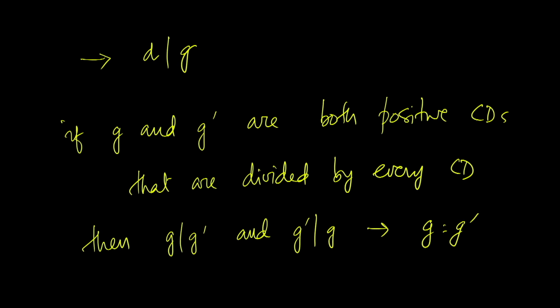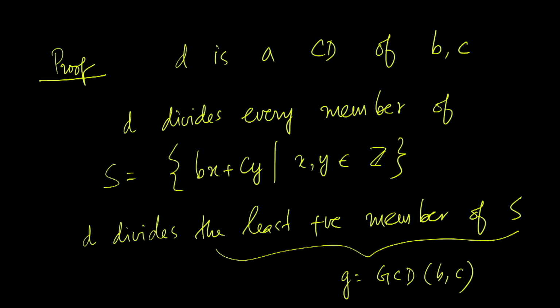In other words, G is the only common divisor with this property. The only common divisor of b and c which is divided by every common divisor of b and c is the GCD of b and c.